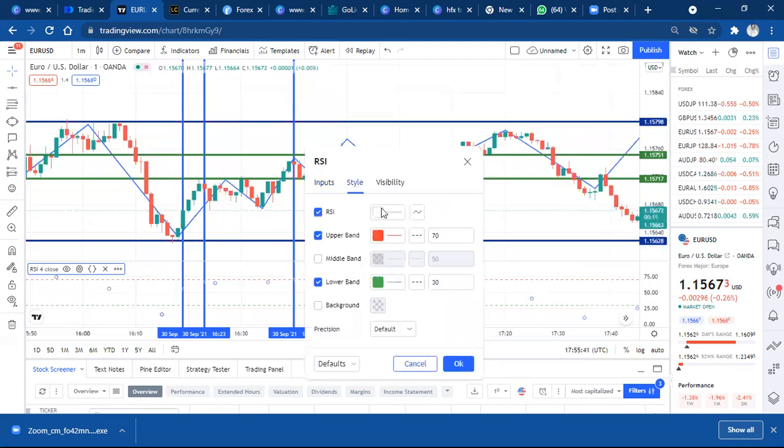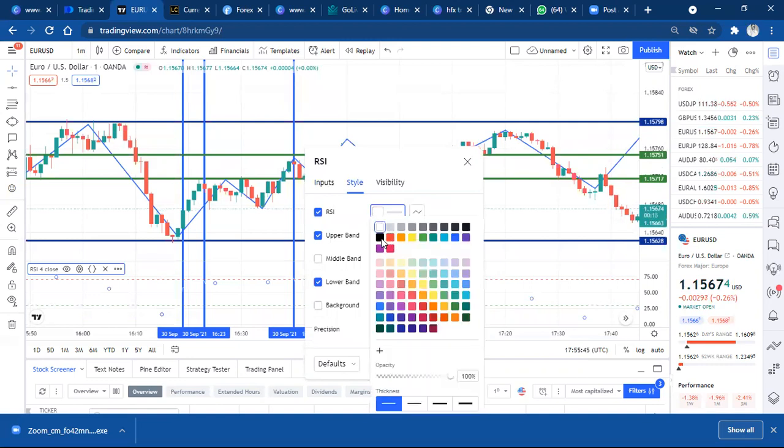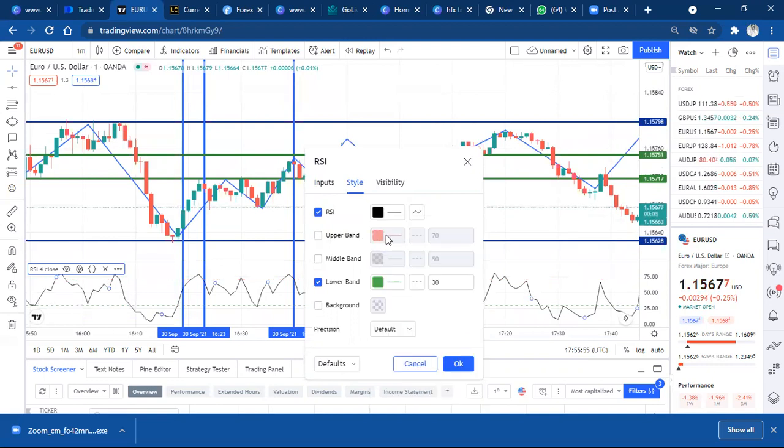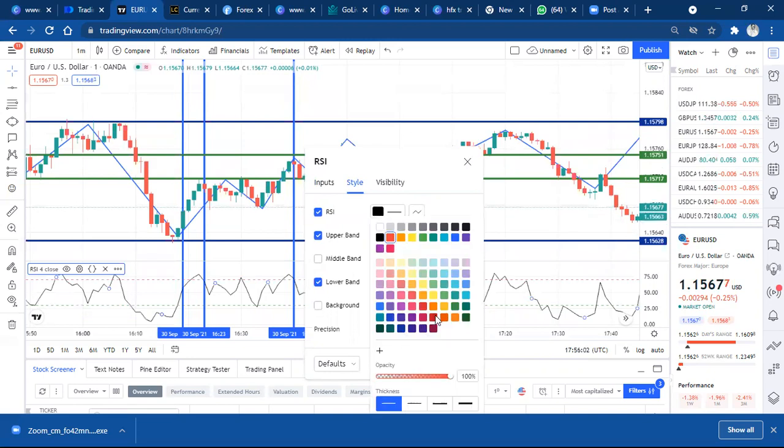Now, this is how to change the settings. Your RSI will come in whatever color you want to give it. My one came in white, so you want to make it something that will be clear for you. I put it at black. The upper band, you want to give it a color that is definitive for you. If it's not checked, you check it. And then you want to make it definitive and thick.